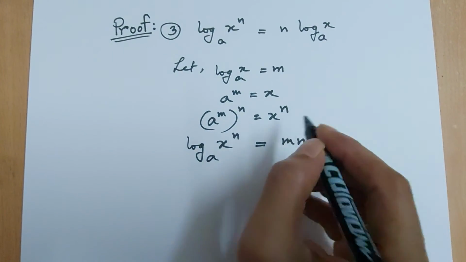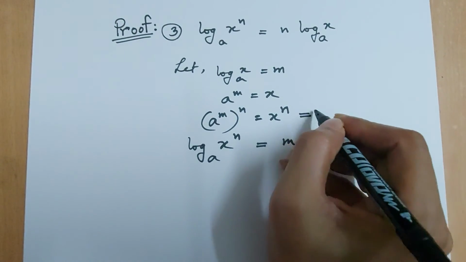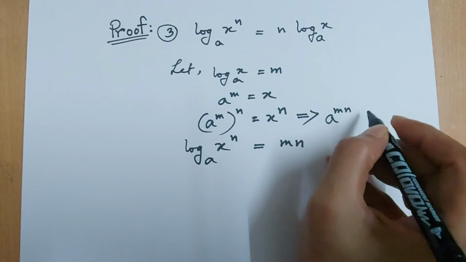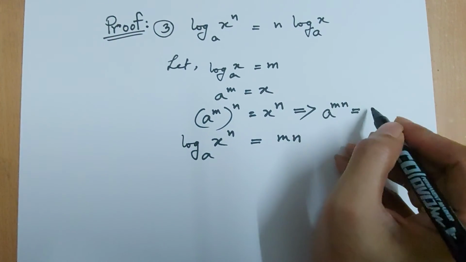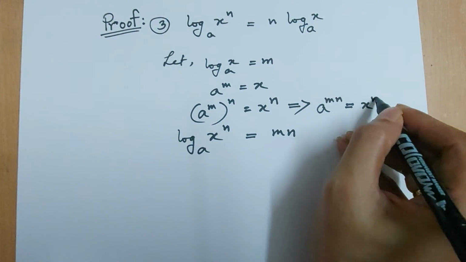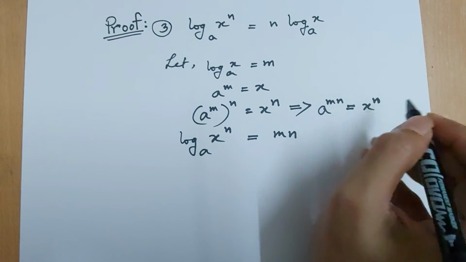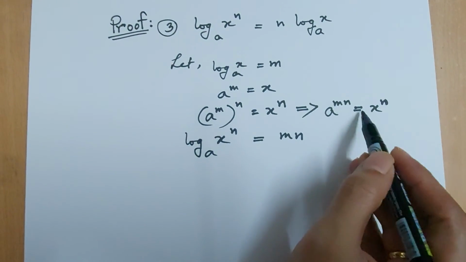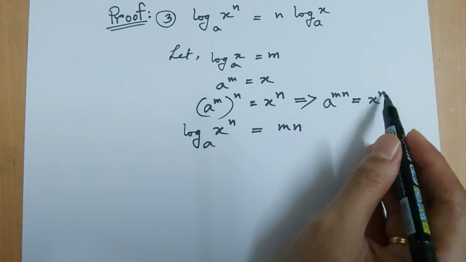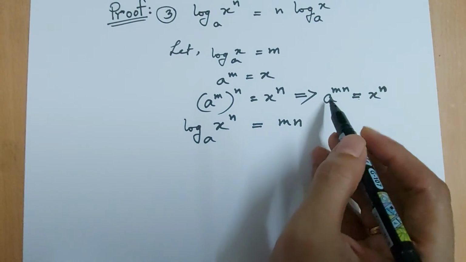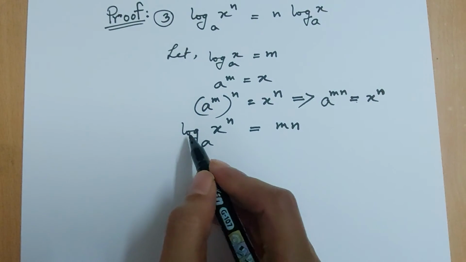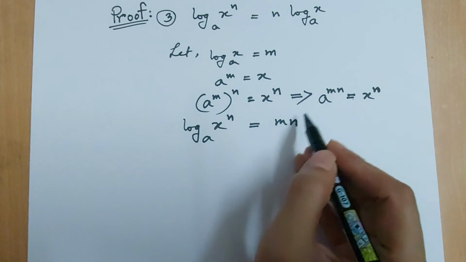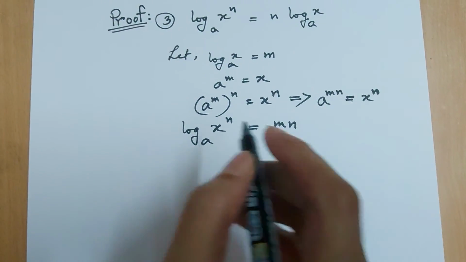There is another step that I skipped, I am showing you this step: a power mn equal to x to the power n. And now I am switching, log x power n to the base a equal to mn.